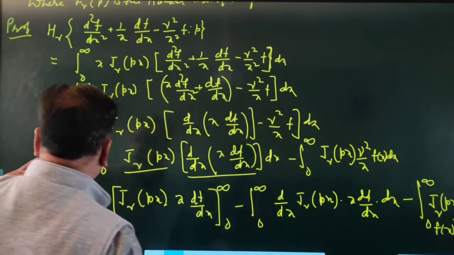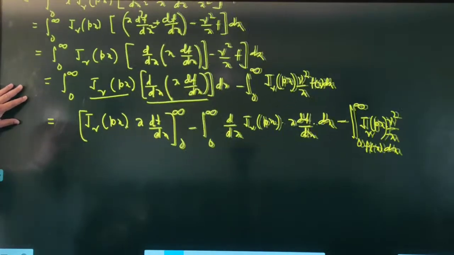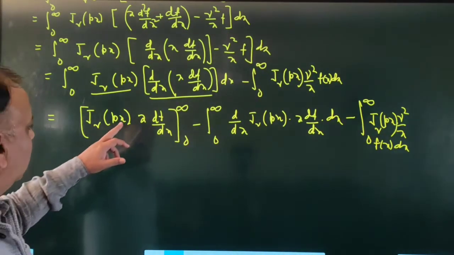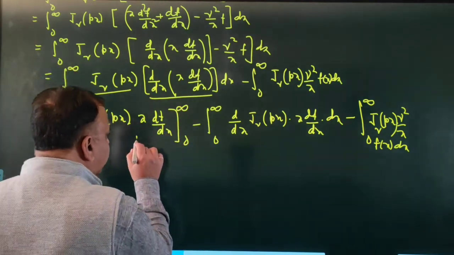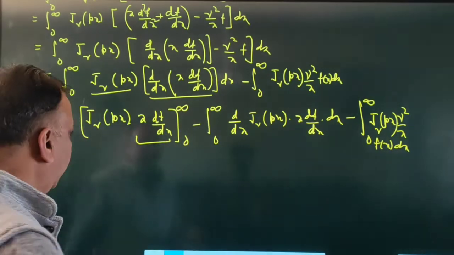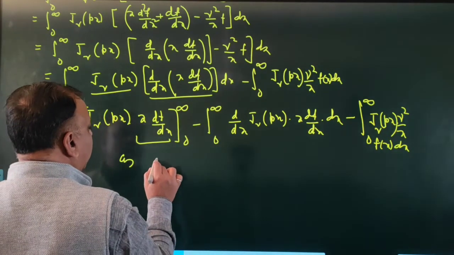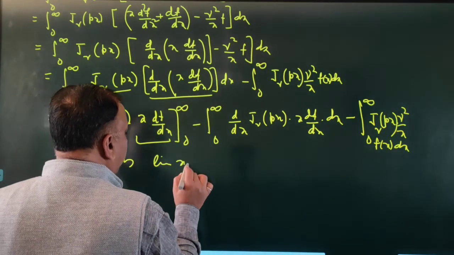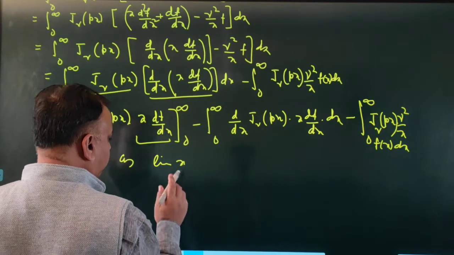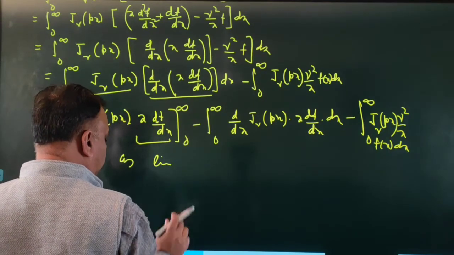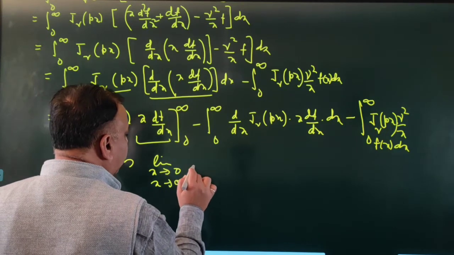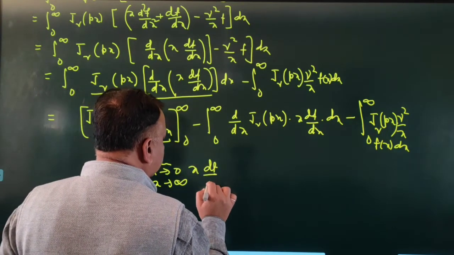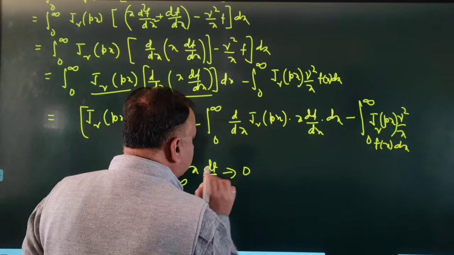Now as we see, when x tends to 0 and x tends to infinity, x df/dx is 0.